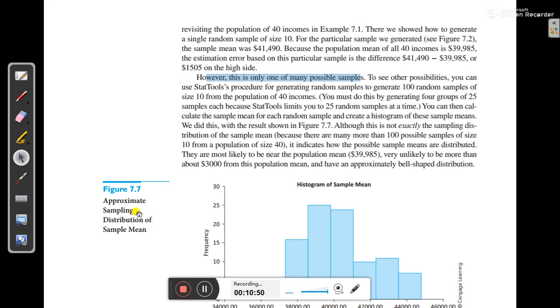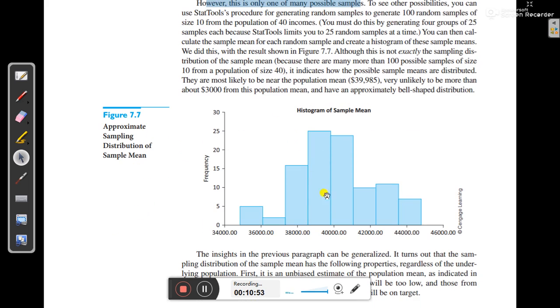So the histogram is of the sample means. Although this is not exactly the sampling distribution of the sample mean, because there are many more than 100 possible samples of size 10 from a population of size 40, it indicates how the possible sample means are distributed.